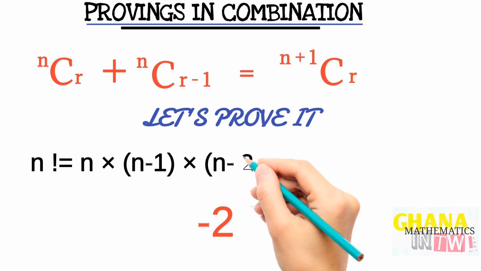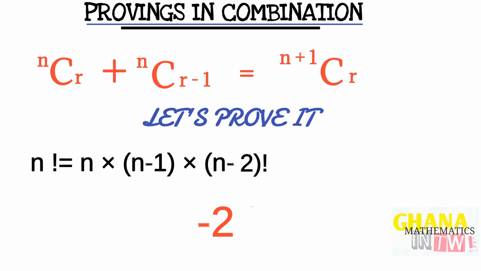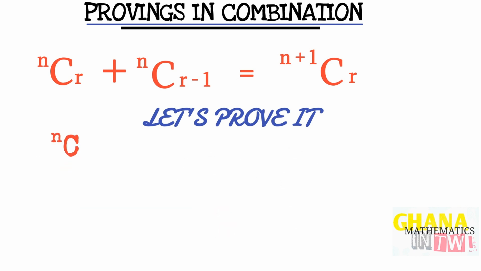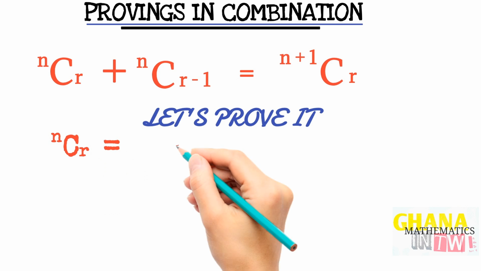Now I change minus 1 to minus 2. It is just negative. Please don't be confused. So therefore we can say that n factorial is n times n minus 1 times n minus 2 factorial. And also you get n minus 3, n minus 4 factorial, n minus 5. You can go until you get tired.